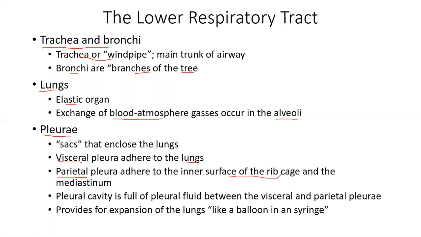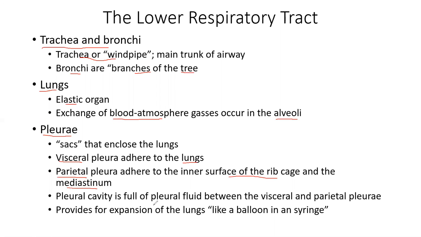So it lines the inside of the rib cage. And again, this is to help reduce friction. It also lines the mediastinum or mediastinum. Both ways are correct pronunciations. The mediastinum is where the heart would be located.